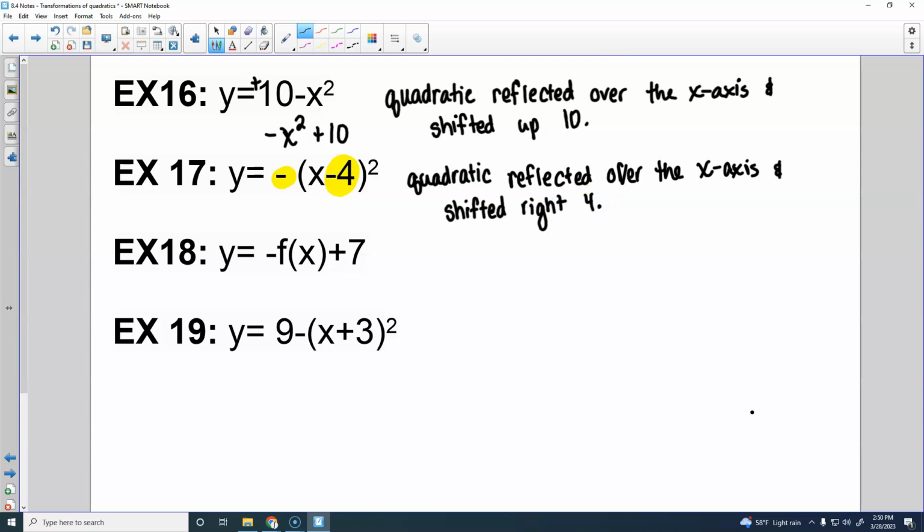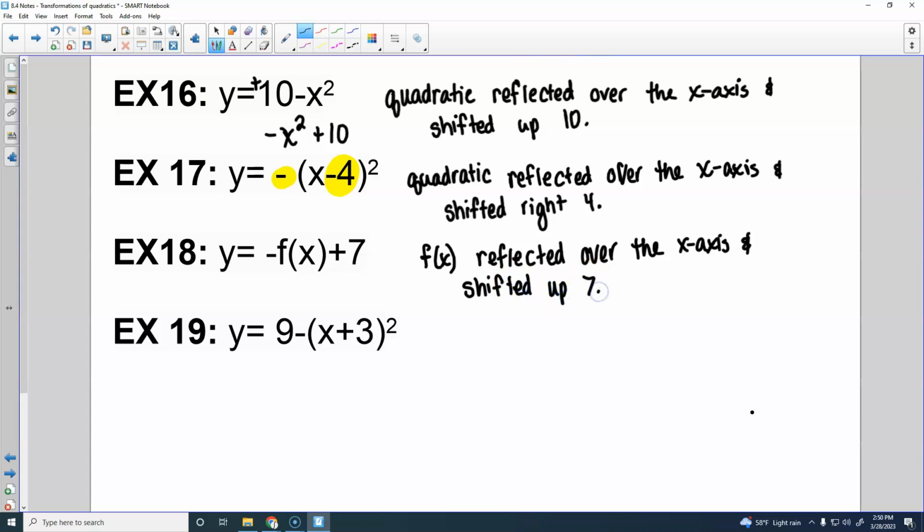Okay? Isabella? Yes. Okay, I agree. The negative is what reflects it over the x-axis.